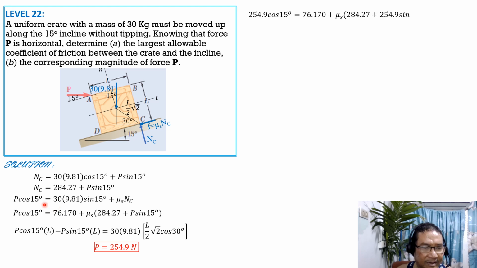From this equation, 30 times 9.81 times sine 15 degrees is 76.17, plus mu sub S, quantity 284.27 plus P, 254.9, sine of 15 degrees. So leaving mu sub S as the only unknown, solving for mu sub S, mu sub S is equal to 0.4855. So that's it for this problem. That's the answer to part A.